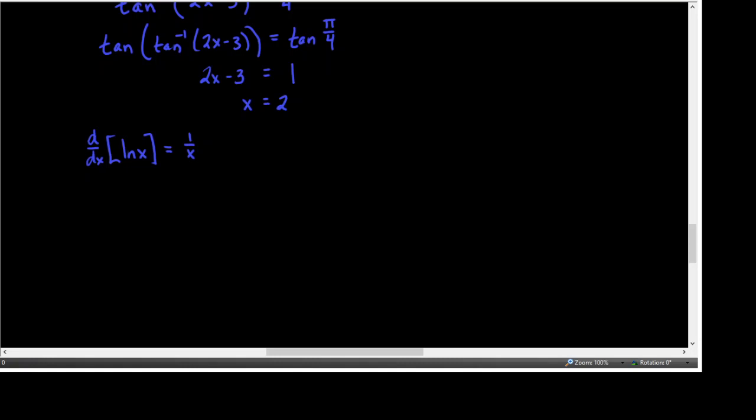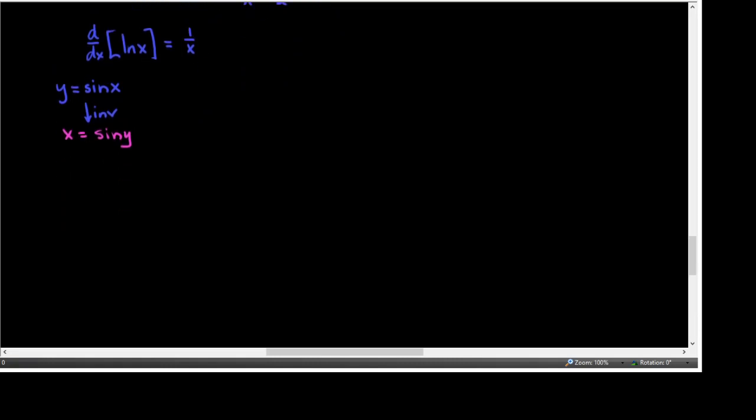So let's start with y equals sine of x, and find its inverse by switching the x's and y's. And instead of solving for y, we're looking for the derivative of that equation I just wrote in pink, because that is the inverse equation.